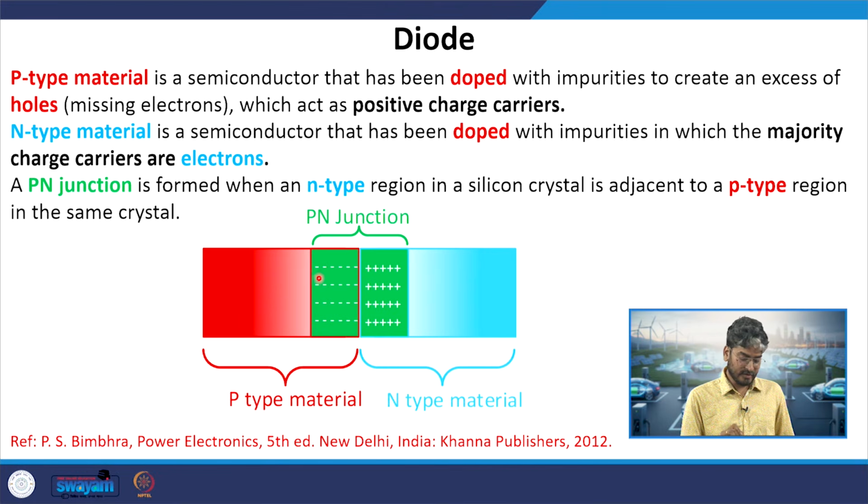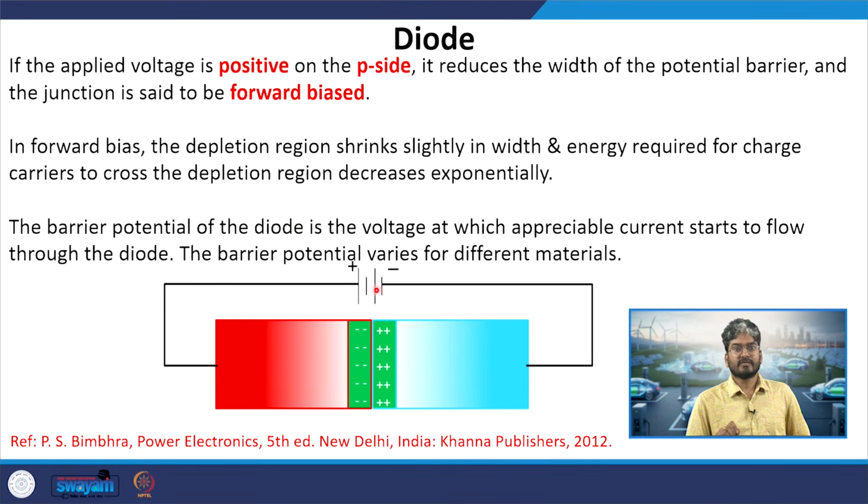Electrons travel to the other side and recombine, and similarly the electrons present on the N side recombine by attracting holes towards them, and slowly a potential is developed across it. On one side negative potential is developed, on the other side positive potential. We call that the barrier potential. How is this barrier potential formed? By recombination of the excess free charge carriers.